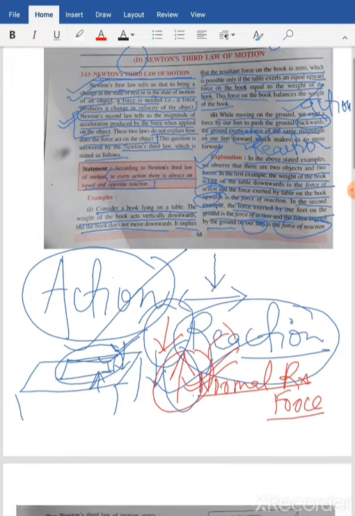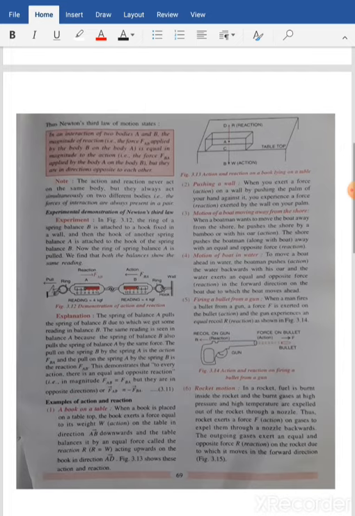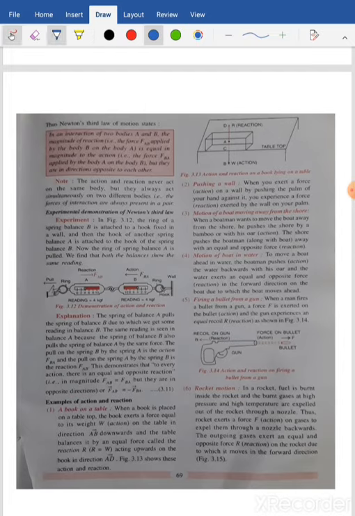Now let's go to the next page of this unit. So Newton's third law of motion states: in an interaction of two bodies A and B, the magnitude of reaction, that is the force AB applied by B on the body A, is equal to the magnitude of action, that is force BA applied by the body A on the body B. But they are in directions opposite to each other.